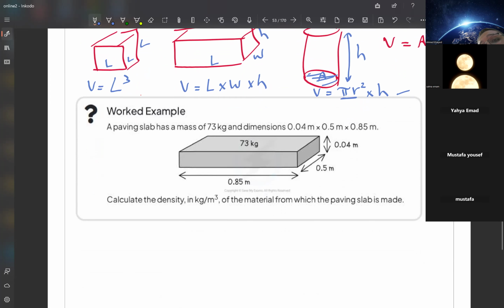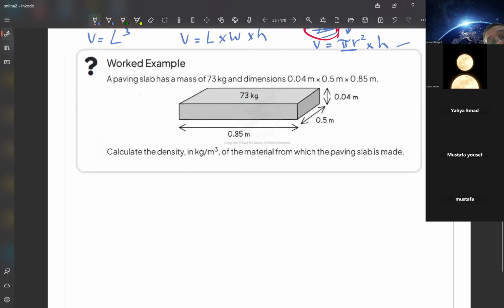Now I will ask Muhammad to solve this example. So first you multiply 0.85 multiplied by 0.5 multiplied by 0.04 to get the volume.